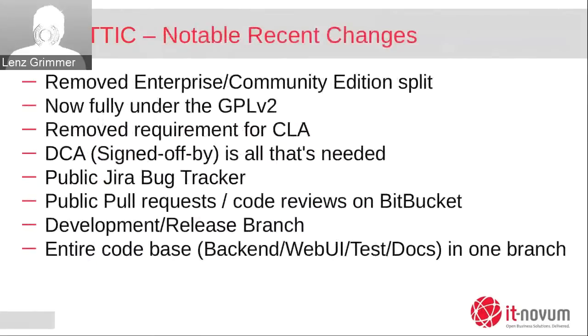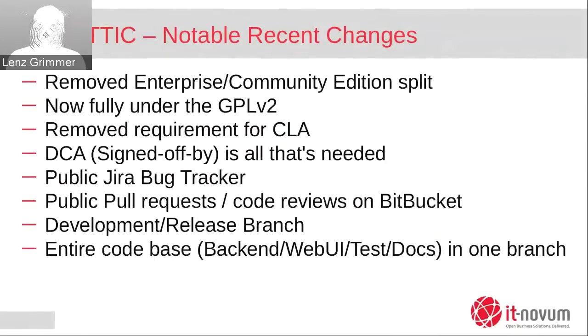Since a year ago, quite a lot of things have actually changed when it comes to OpenATTIC. We are currently working on version 2 of the software, which also started sometime last year. And along with the major version number bump, there's quite a lot of change taking place. One of the significant ones for us as a business is that we decided to get rid of the previous split that we had.